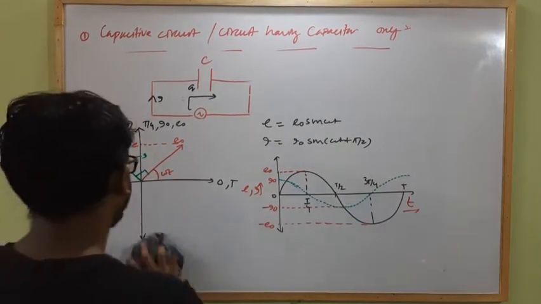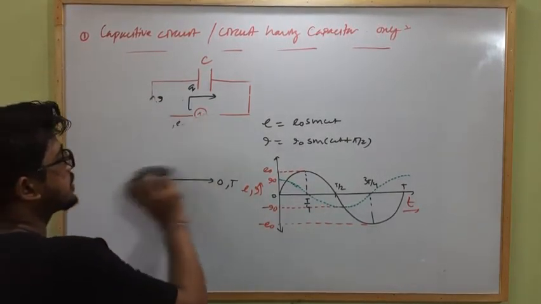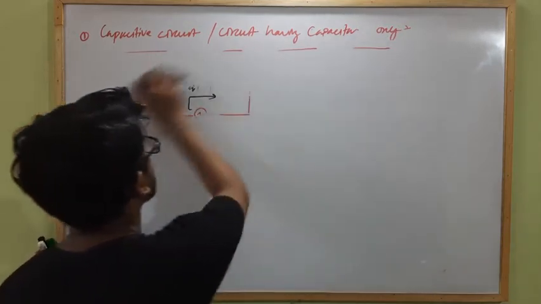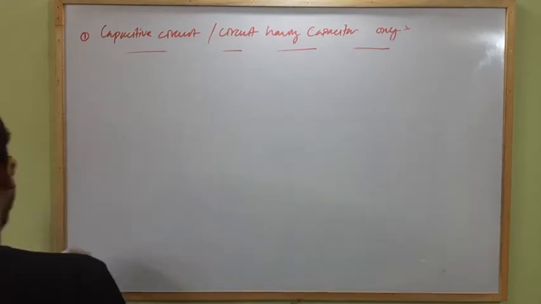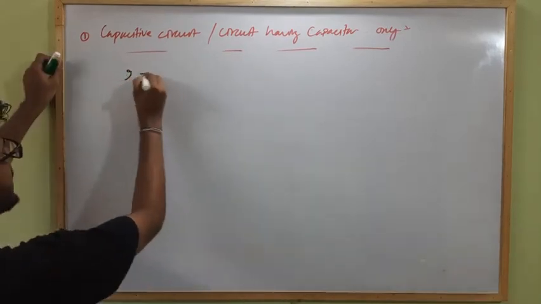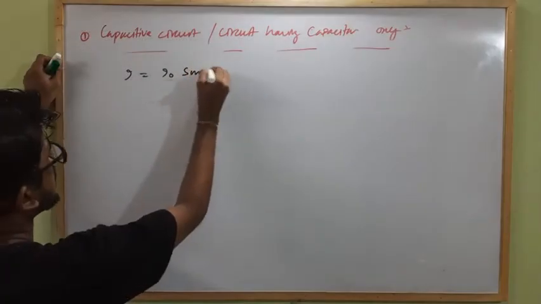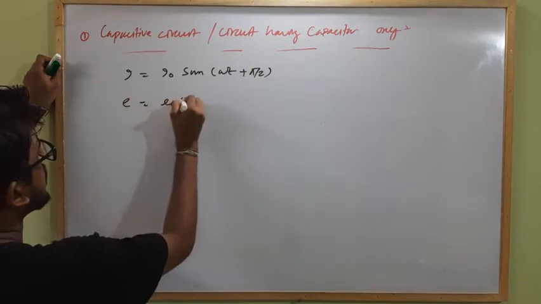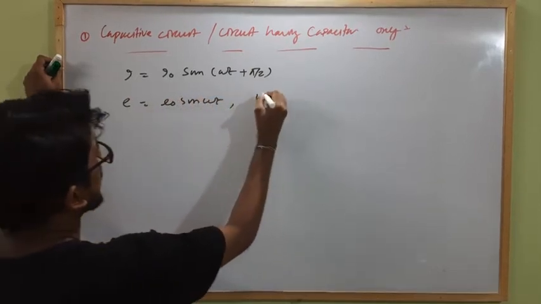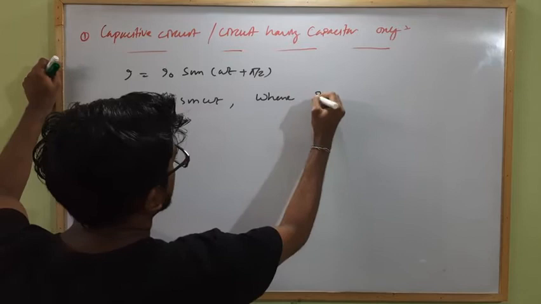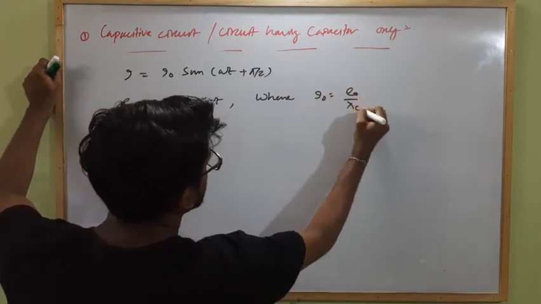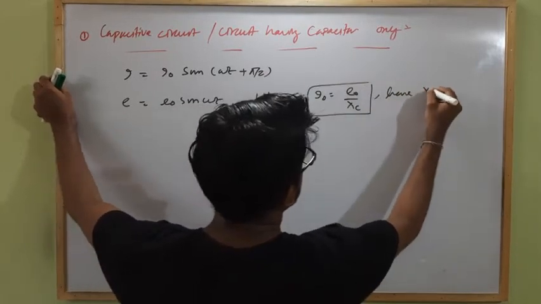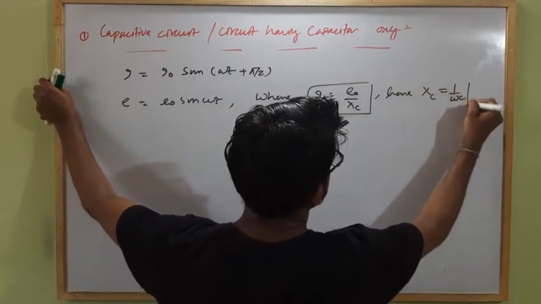So next, let's discuss capacitive reactance in detail. As we already studied, in a capacitive circuit, I equal to I naught sin omega t plus pi by 2 and E equal to E naught sin omega t, where I naught equal to E naught by Xc, and here Xc equal to 1 by omega c.